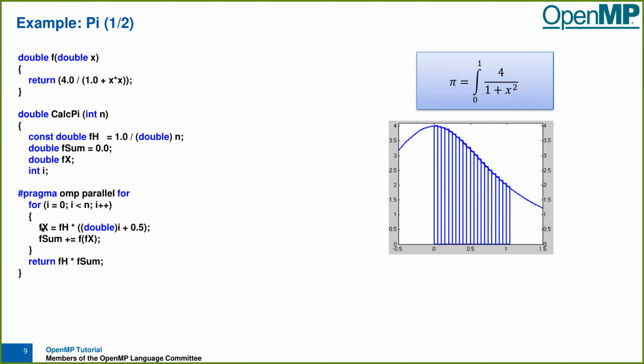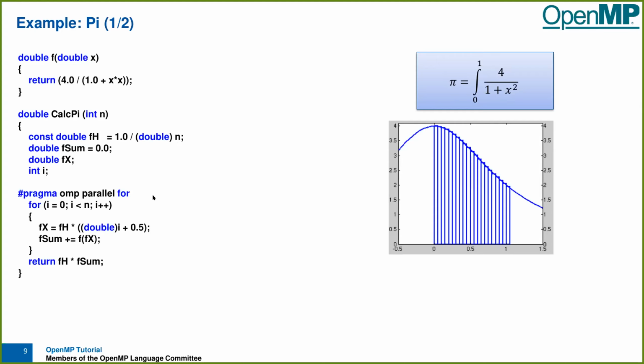We compute x, the position of the integration point, and execute the function there, add up all those partial results, and multiply with the difference to come up with an approximation of pi. That's the idea. The larger the number n is, the closer we get to pi.